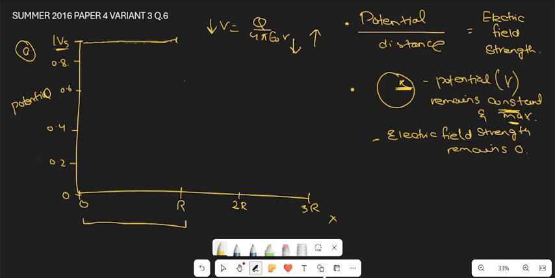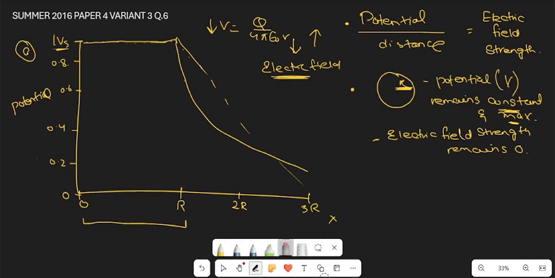Now there are two things that should come to your mind. Should it decrease like a straight line, or should it decrease like this? How do we determine that? We know that the gradient will give me the electric field strength. Now the gradient is not constant, because the gradient is the electric field strength, and electric field strength is decreasing.